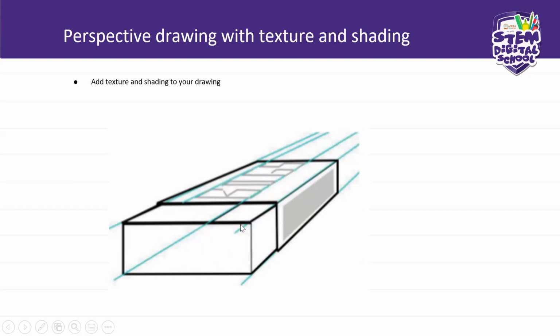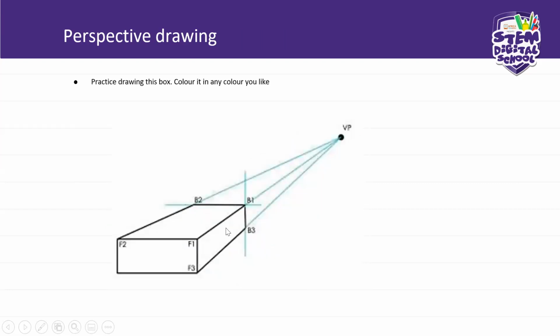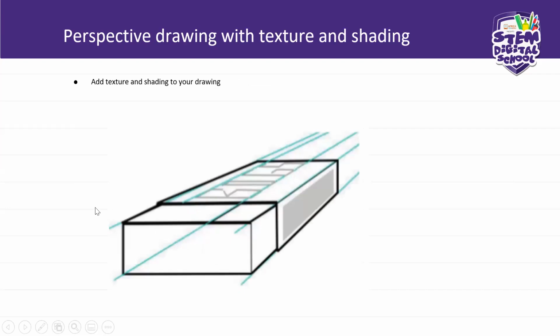This one is the same box here, but we don't want to just make a box, we want to make a pencil eraser. So this is the pencil eraser with texture and shading. You can give meaning to your drawing. And that's what you do in grade 7. You learn this, you practice it.